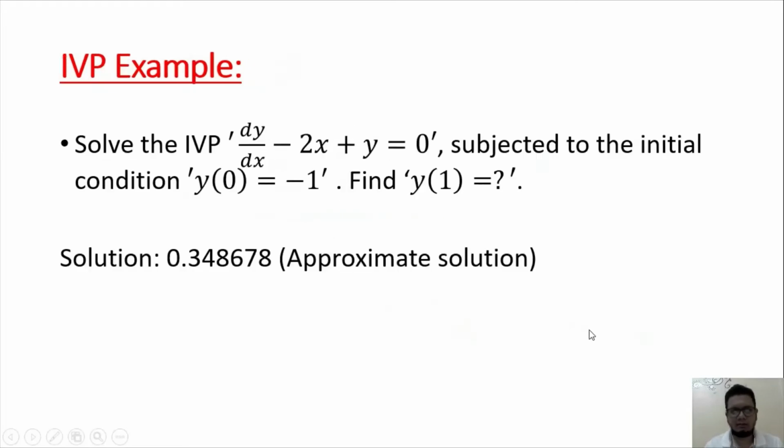For example, this is my differential equation, dy over dx minus 2x plus y. If I want to write this differential equation in the dsolve function, it will be simplified as: d over dx is D, so I will write Dy minus 2 star x.